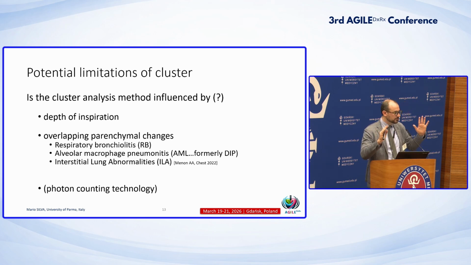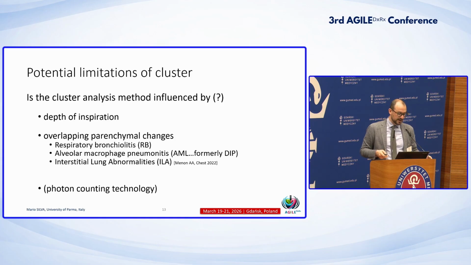So we might have a new solution, but new things are always so appealing, and we also have to think that there might be some issues with this. We need confirmation, we need validation. If we think about cluster analysis and the size of the cluster, should we be thinking about variables associated with that? The depth of inspiration, again. It's been a long-time problem with this kind of analysis.